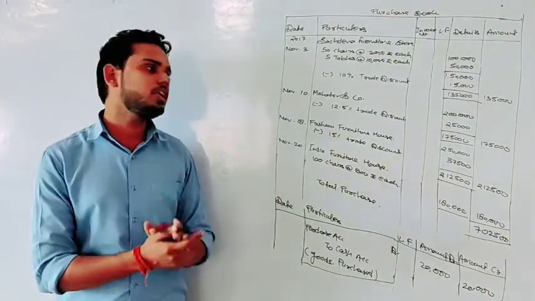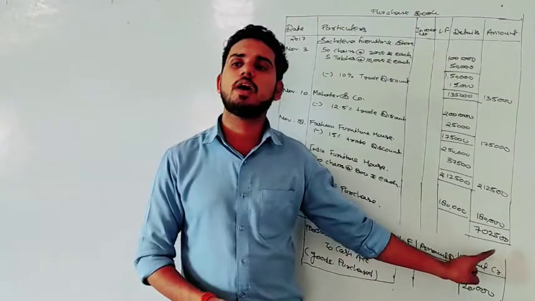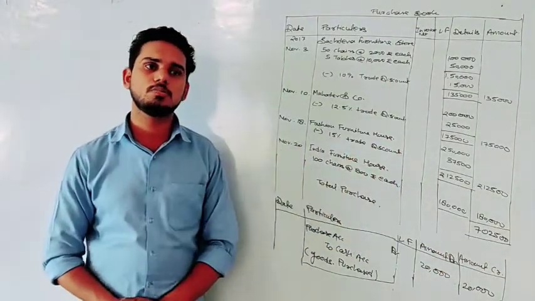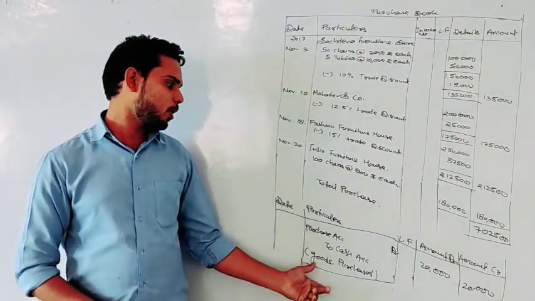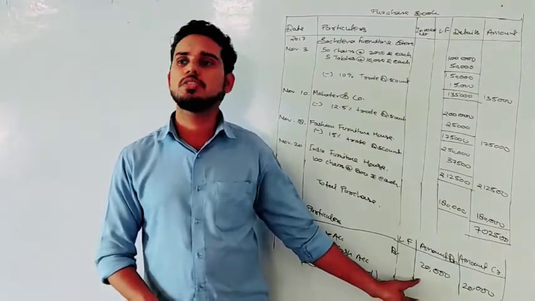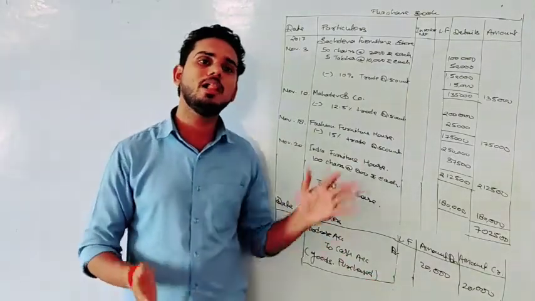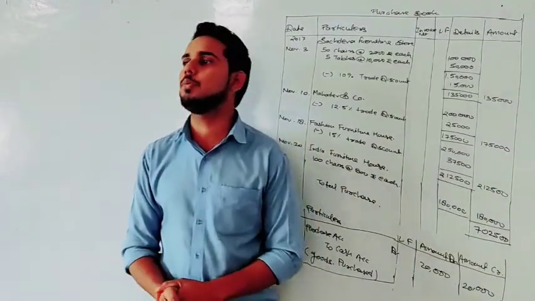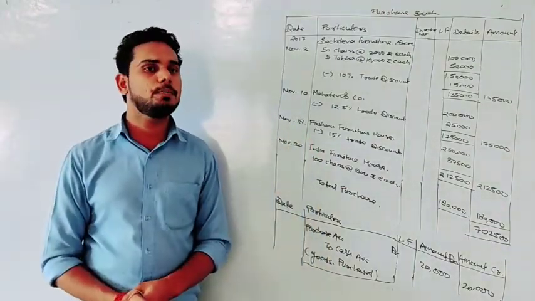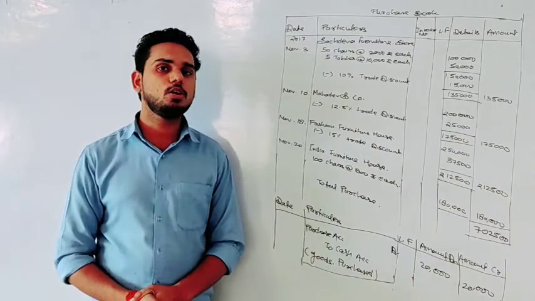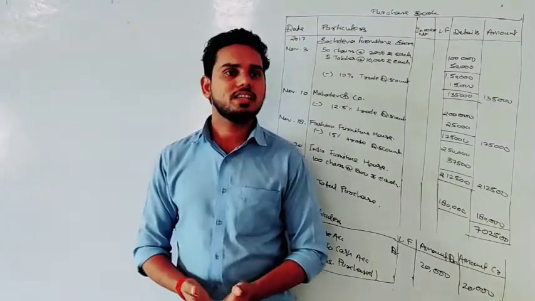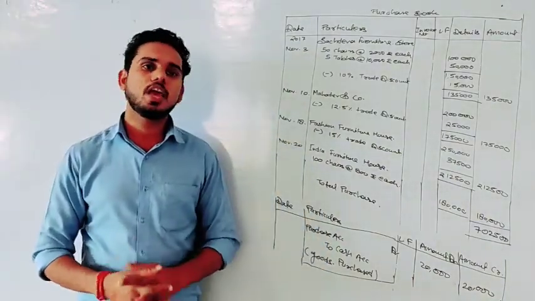Like you can see here, we have 7,02,500 of purchases recorded in the purchase book. But if you see your general journal, you have a purchase of 20,000 there also. So in case of purchase, we do not have all the purchases in one particular book. That's why we need to prepare a purchase account, and that's why we need to prepare a sales account. But that does not apply to the cash book.